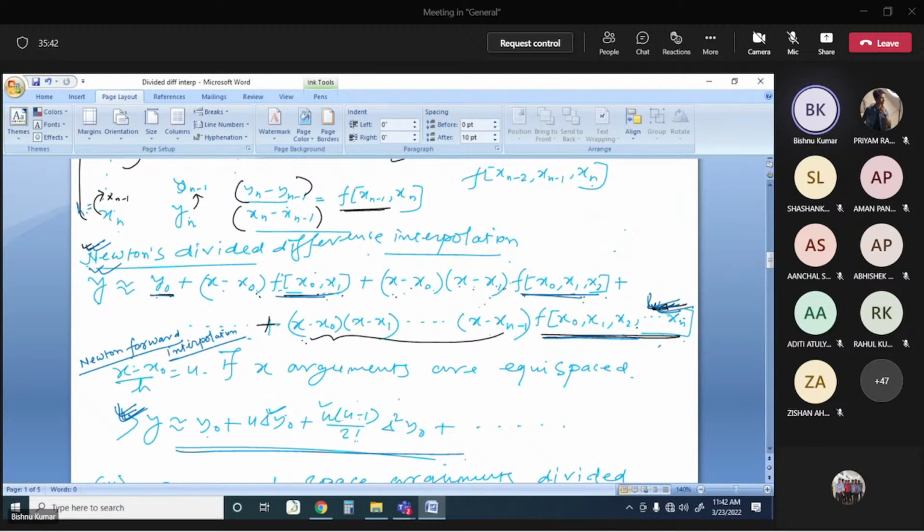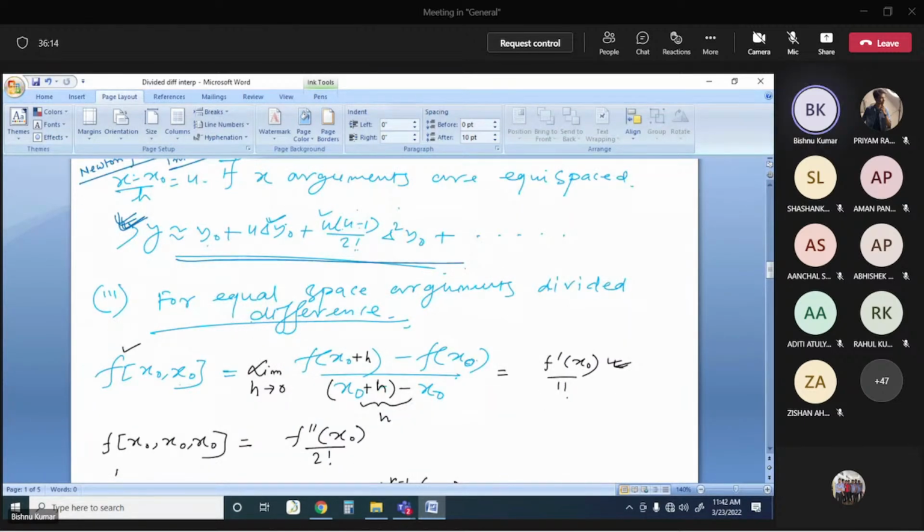So for that, you have to see what each of these values will be. Just try to calculate, for equispace arguments, what it will be. Is the question clear? Yes, sir. This formula will converge to this formula for equal space arguments.